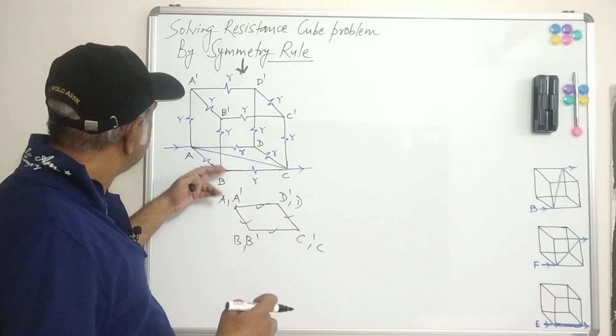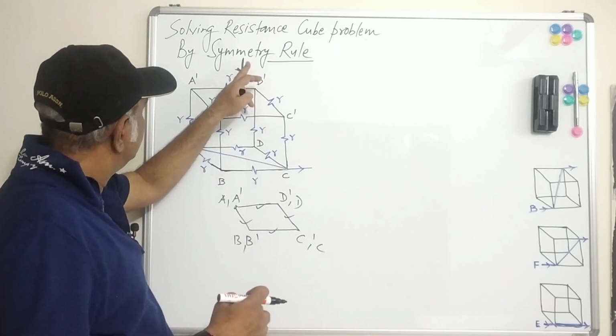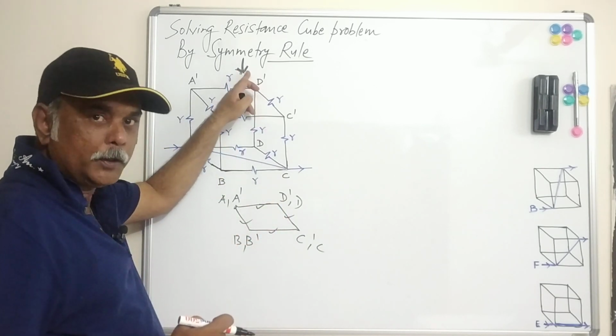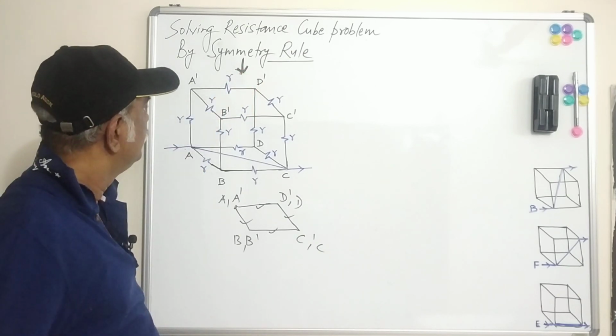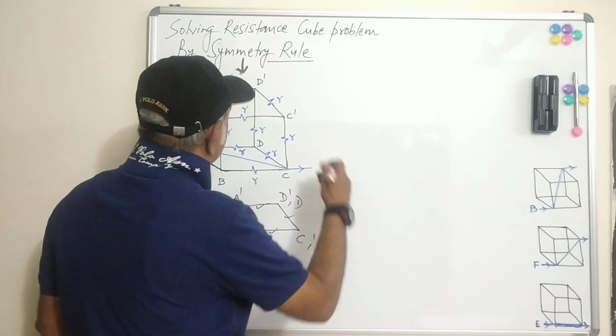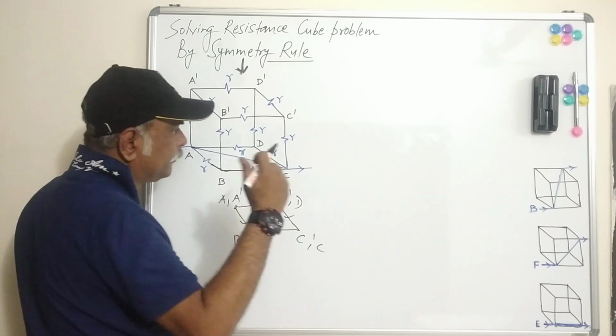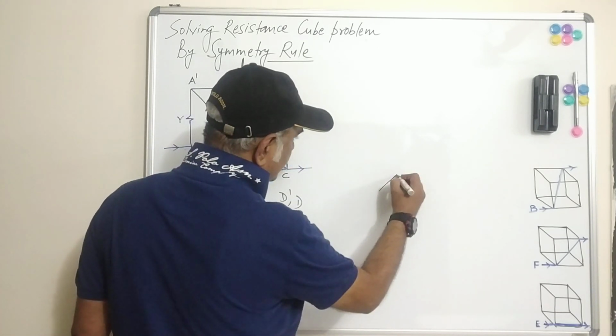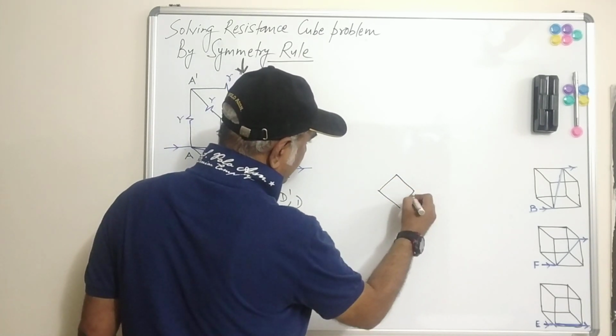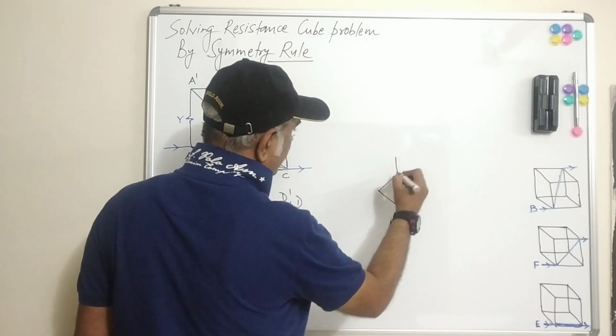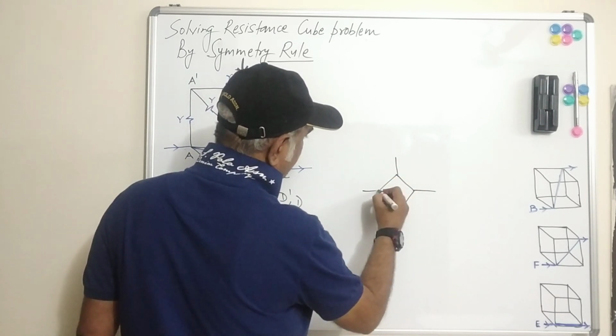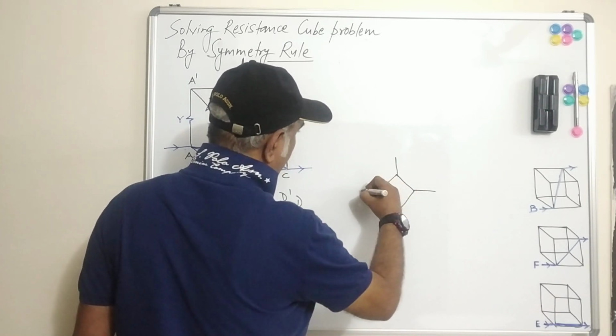And you will be able to see all the resistances when you are looking from the top or drawing the top view. What you are going to see from the top will be something like this. See? This is what you are going to see from the top.